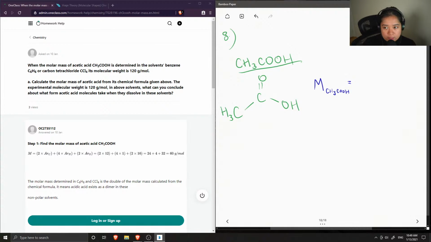So to find the atomic masses, we would just look at our periodic table. So for example, to find the molar mass of acetic acid, it's going to be 2 times the molar mass of carbon, since we have 2 carbon atoms in acetic acid, plus 4 times the molar mass of hydrogen, plus 2 times the molar mass of oxygen.